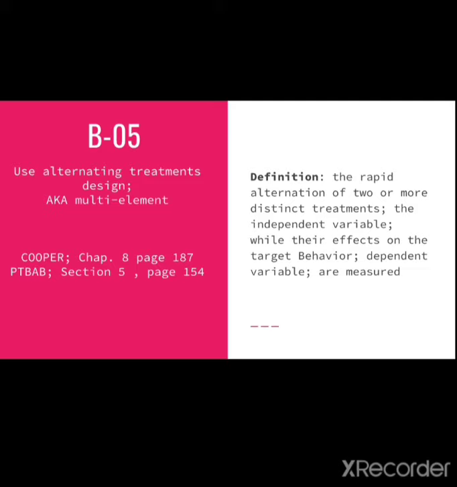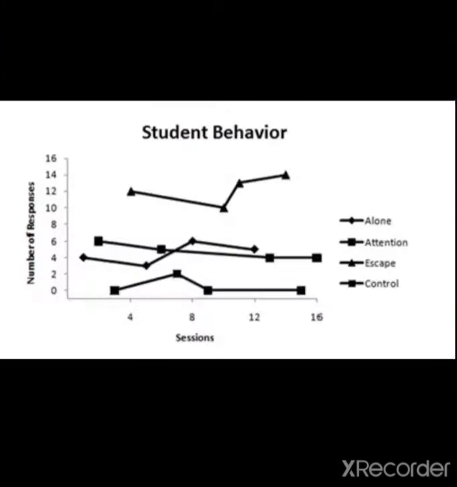Alternating treatment designs are typically used in functional analysis. So when you are looking for the function of the behavior. And this is what a functional analysis will look like when you're trying to determine what the function of the behavior is. Not always is a functional analysis like an ABAB design.